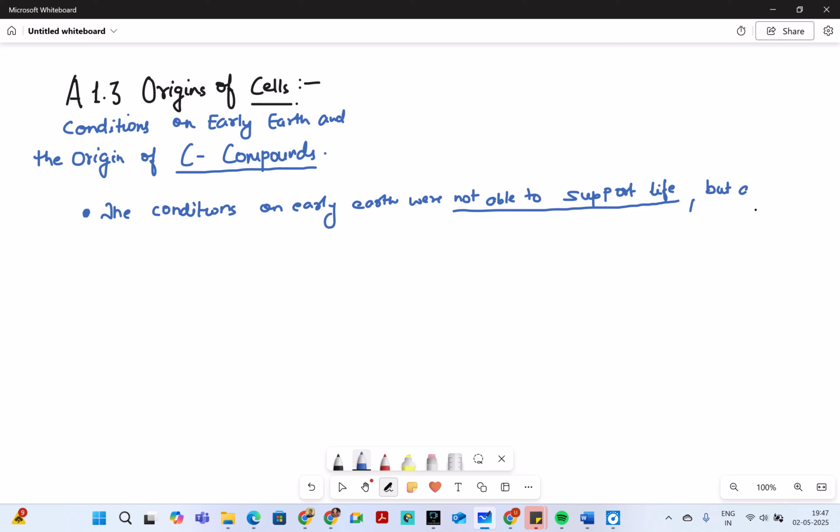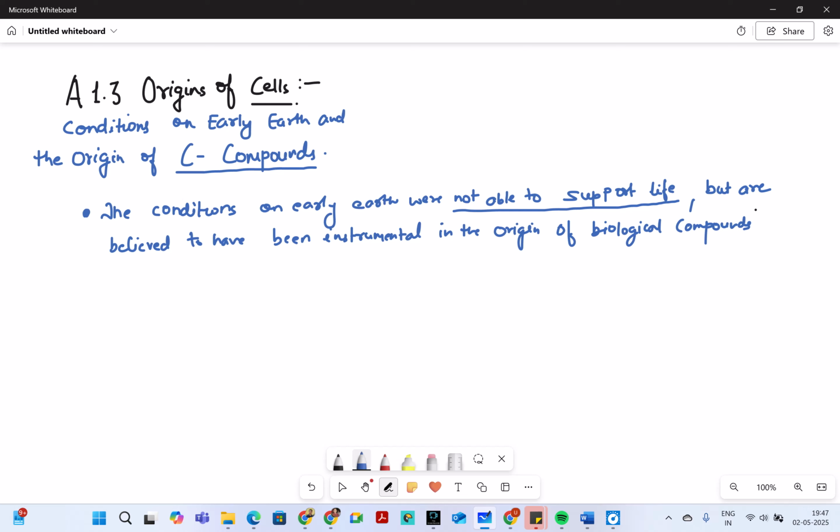They are believed to have been instrumental in the origin of biological compounds, and these biological compounds made life possible.